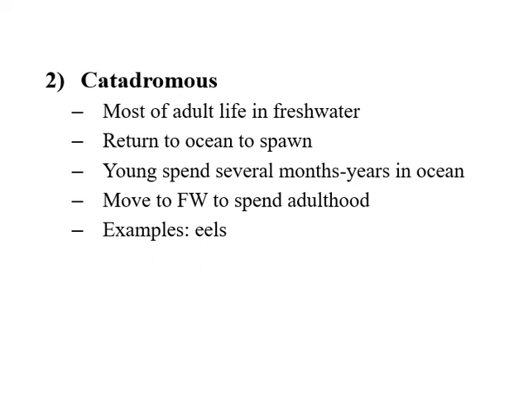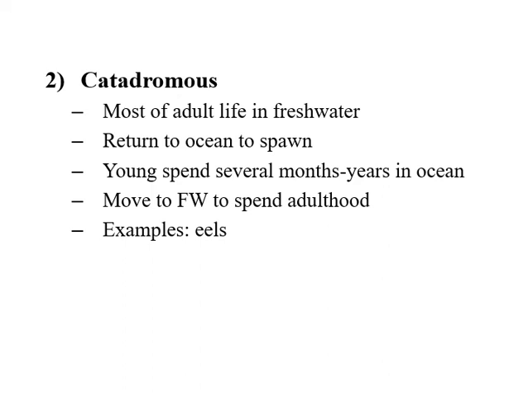Eels are pretty high latitude. There's eels all over Rhode Island. The Narrow River in Narragansett has a lot of eels in it, but they spend most of their life in freshwater. They move down to the ocean to spawn.